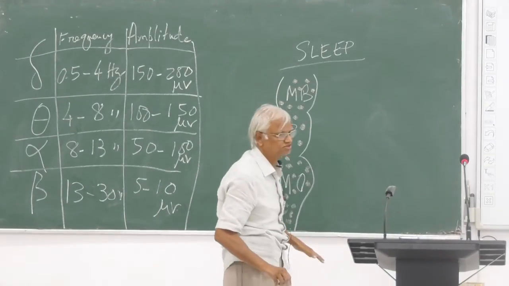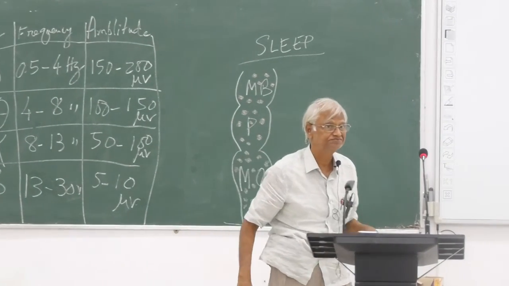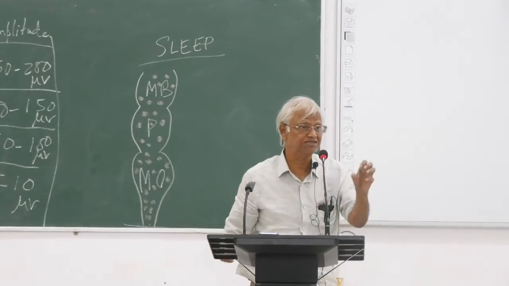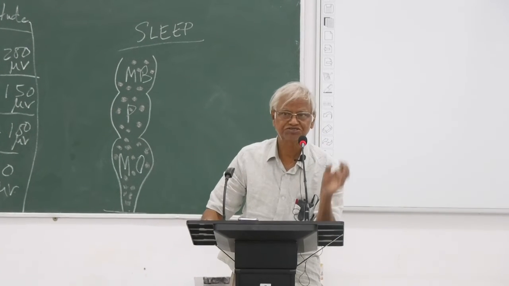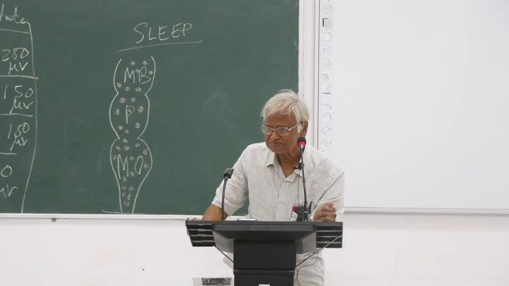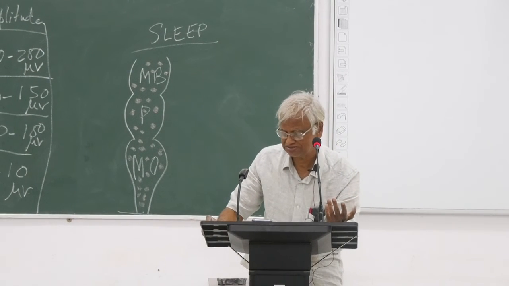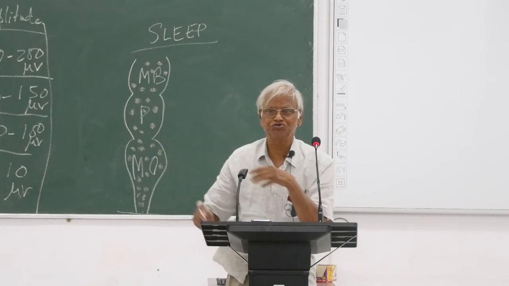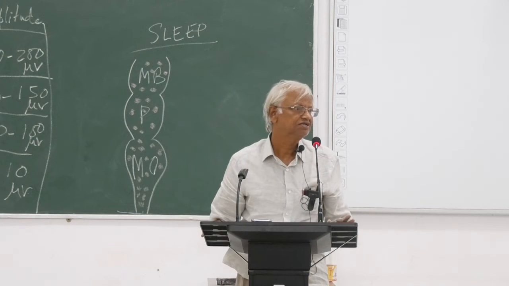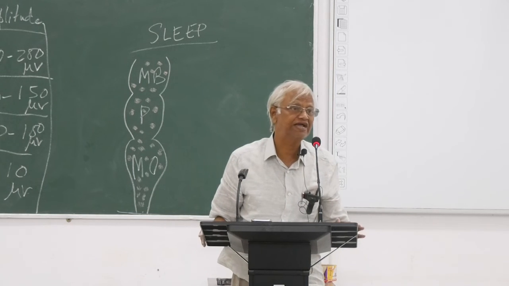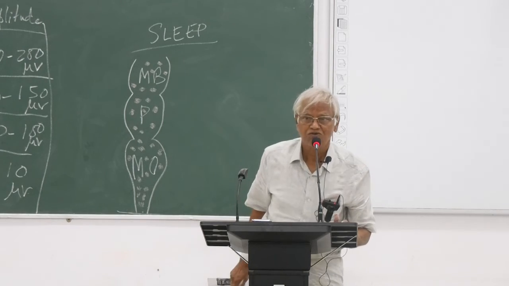These are all clusters of nerve cells or nuclei. Nuclei means clusters of nerve cells which stay together and perform the same functions. Together they are called reticular nuclei or reticular activating system. What happens?